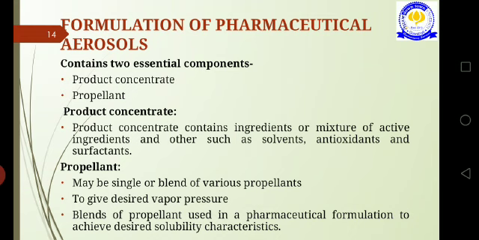These are mixed together in a proper ratio. Then the propellant may be a single propellant or a blend of propellants, based on the pressure needed for the product to perform in a suitable way.